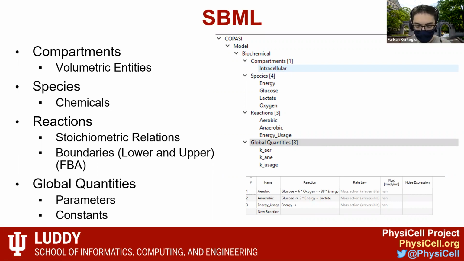So the chemicals can be present in those entities, and the species are actually those chemicals, or they can be other kinds of species, for instance, like ethylene or so. Then the reactions are here, as you can see, the stoichiometric relations stored like this. Also, it can have the lower and upper boundaries for the FBA, and the global quantities for the parameters and constants.